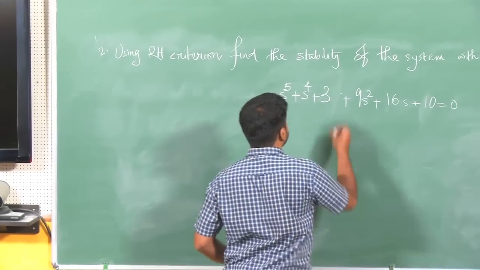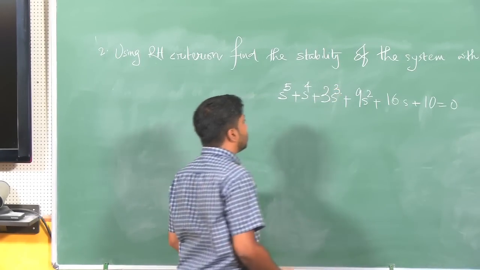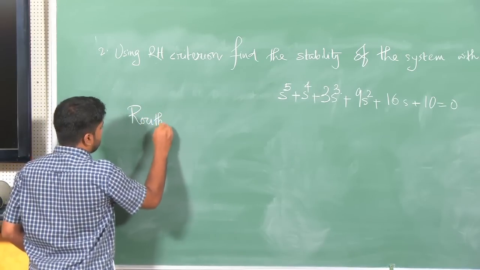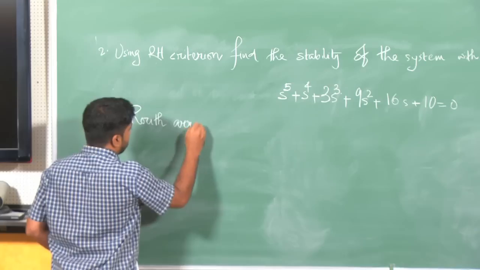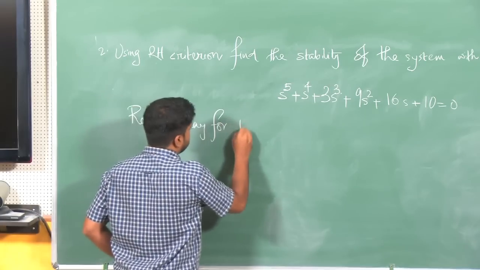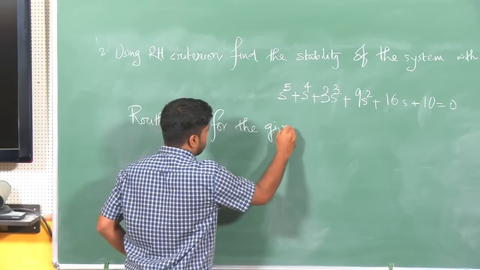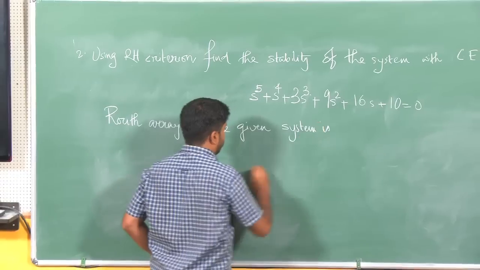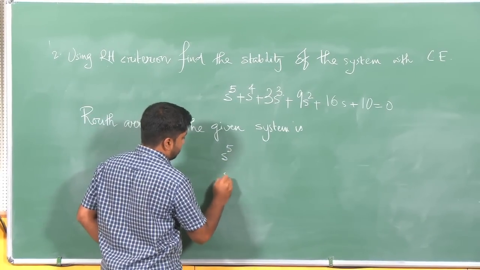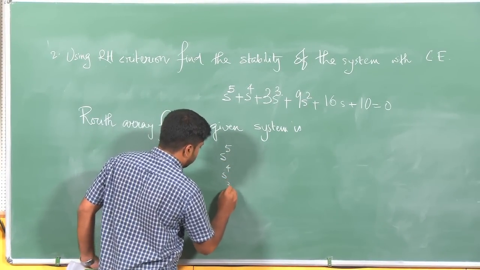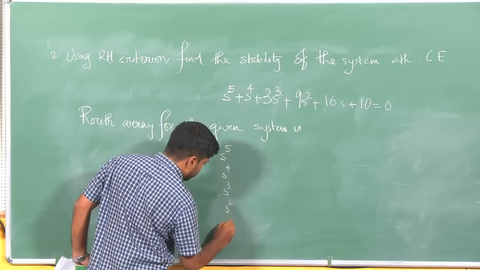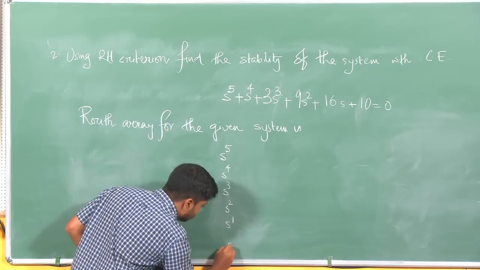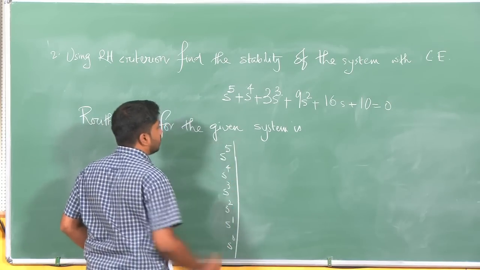So, it will be 3s cube. Okay. So, the Routh array for the given system is first s to the power 5, then s to the power 4, s to the power 3, s to the power 2, s to the power 1. Okay.